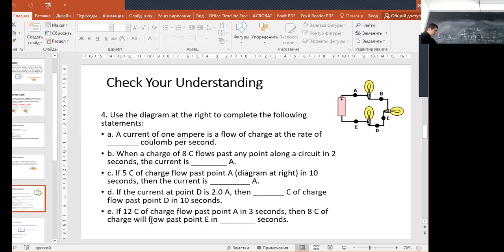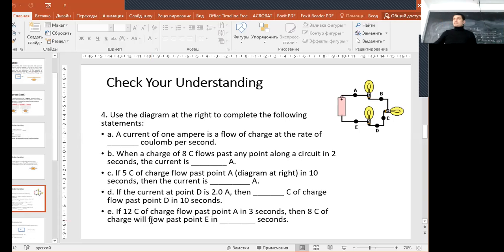So IA is equal to IE, and QA divided by TA is equal to QE divided by TE. We should find TE, so TE equals TA multiplied by QE over QA, which is 3 multiplied by 8 divided by 12. The time is 2 seconds.